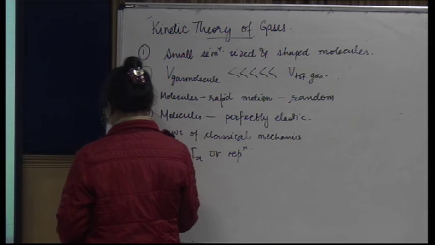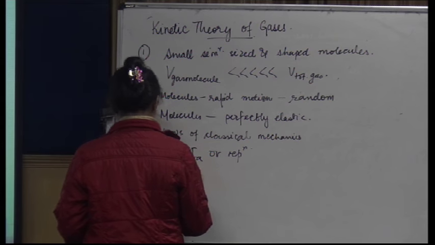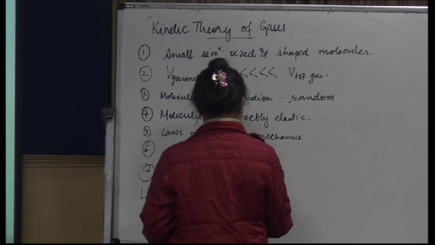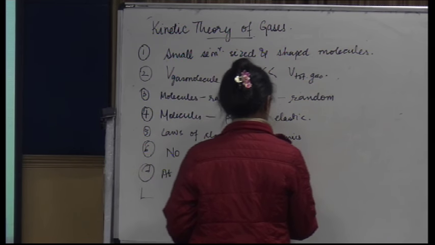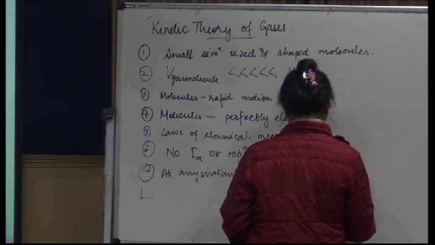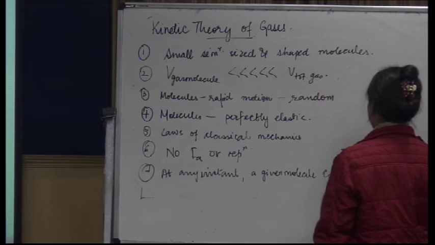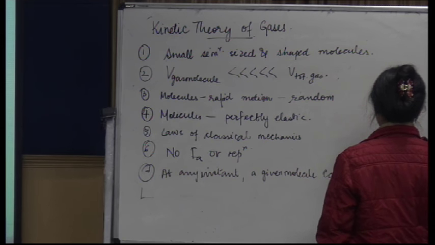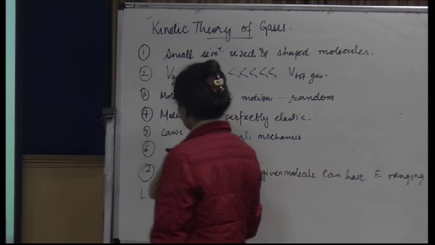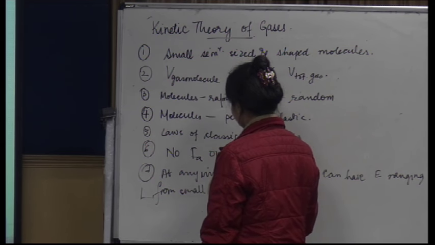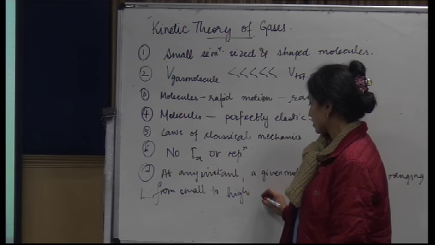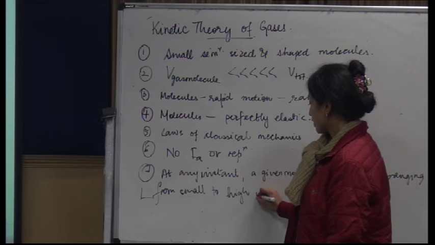And the last point is that at any instant a given molecule can have energy ranging from a small to any high value. This is what the second part of today's class is about: Maxwell's energy and velocity distributions, small to high values.